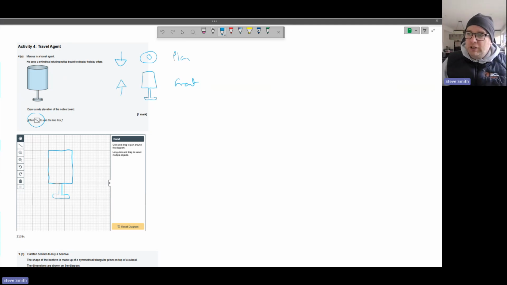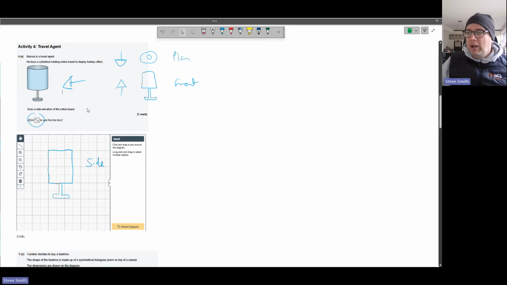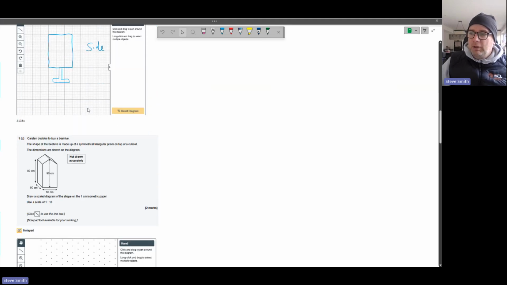And that'll be the side elevation. It doesn't say label it, so we don't have to put 3 centimeters, 4 centimeters, or a meter. It's just a case of understanding what that side elevation looks like. We're looking at it from the side. What can we see? It's exactly the same as the front because it's a cylindrical shape. So that will be a 1 marker, in and out, draw the shape, and then done.